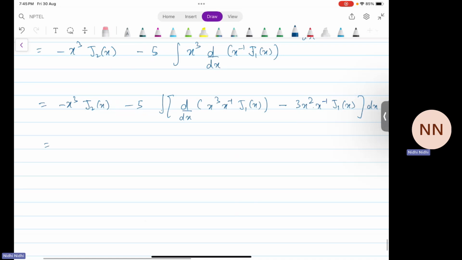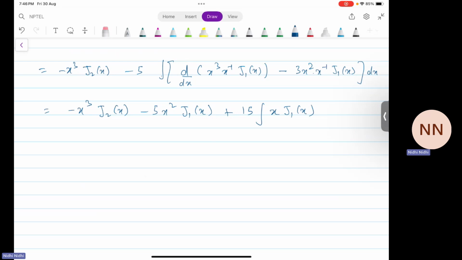So this implies we have minus x cube J2x minus 5x square J1x plus 15 integration x J1x. Now we'll move from J1 to J0.